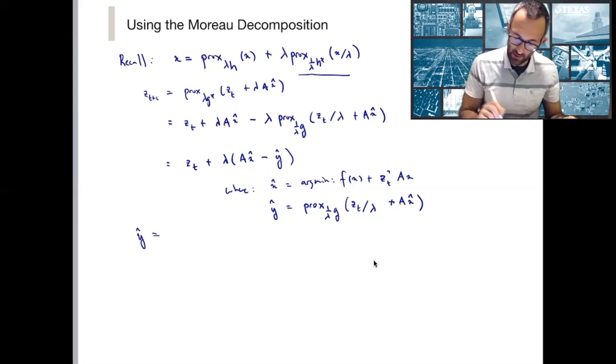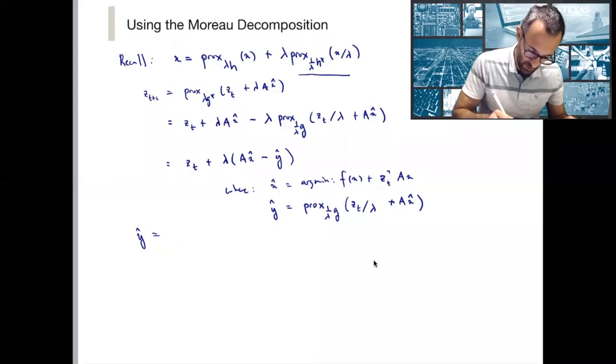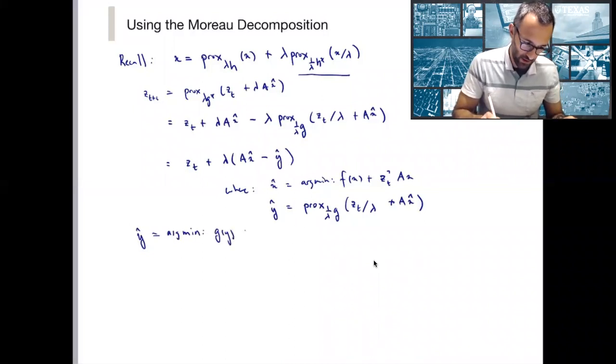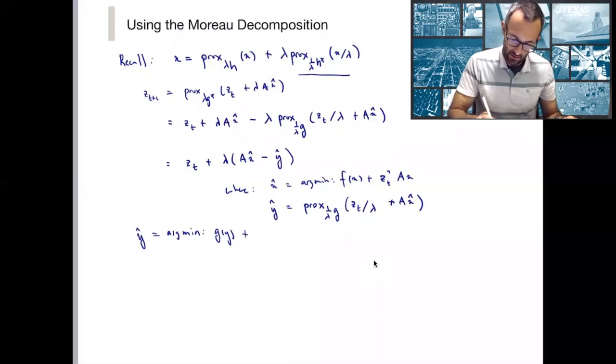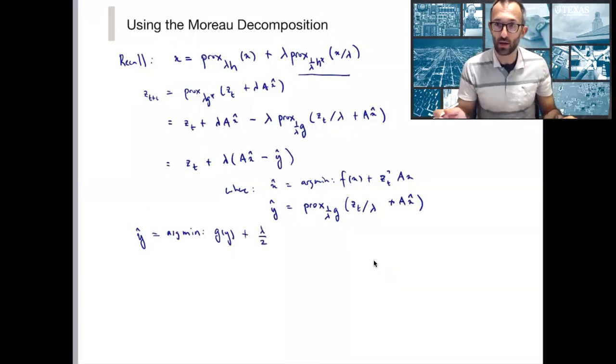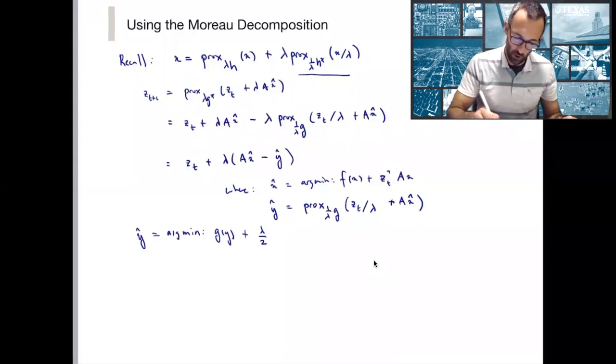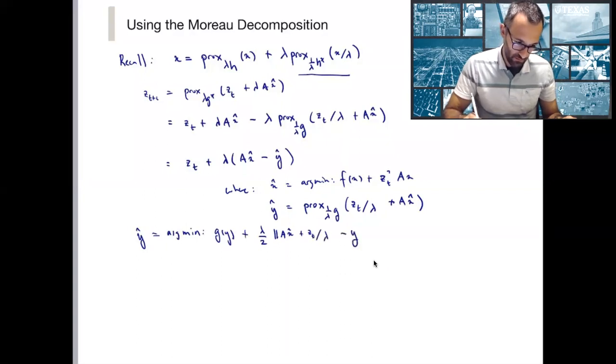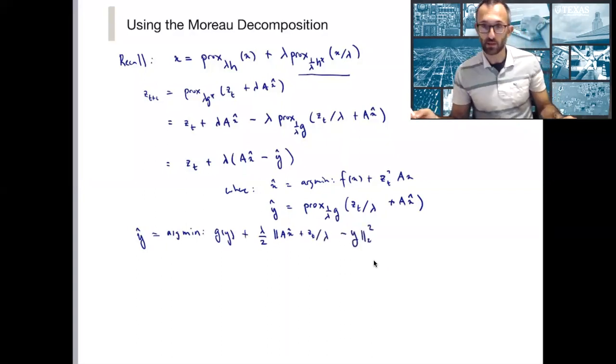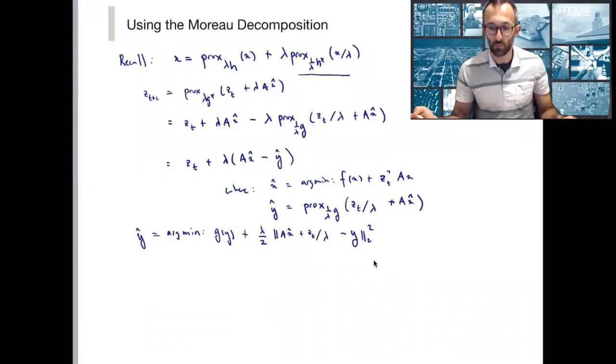So if y hat is equal to this prox, then y is equal to the argmin of g of y plus, based on all of our work in the previous lectures in this series on the proximal point algorithm, lambda over 2 times the norm of (Ax hat plus zt over lambda minus y). And this is just by definition of the prox operator.